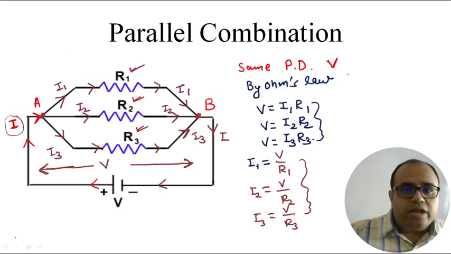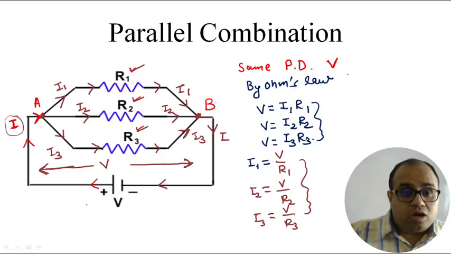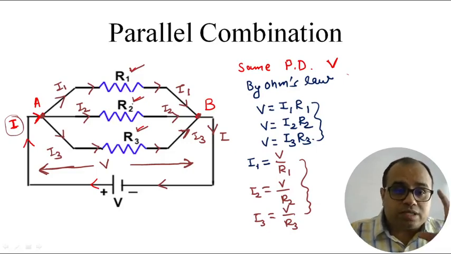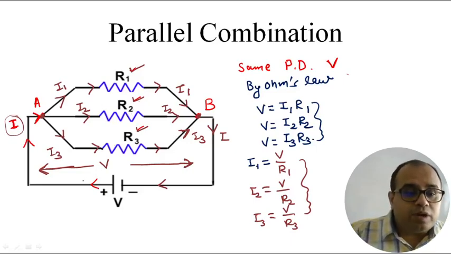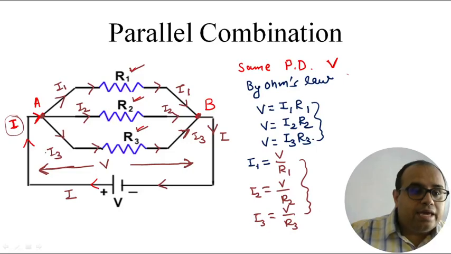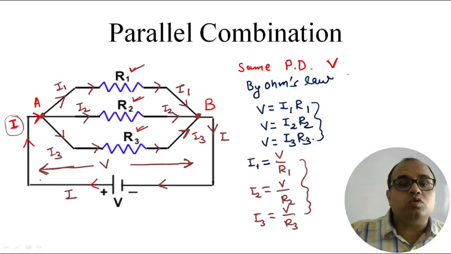Now, this current I comes out because of the resultant of the parallel combination of resistors R1, R2 and R3.